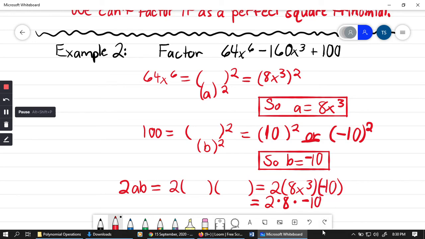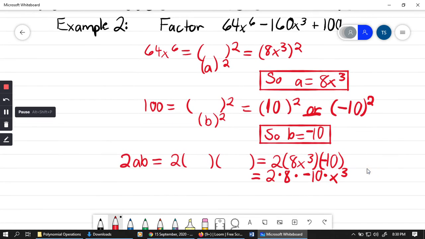Alright, and that makes that actually correct now. So now that we know that b equals negative 10, that is correct now. Alright, so this gives us negative 160x to the third.